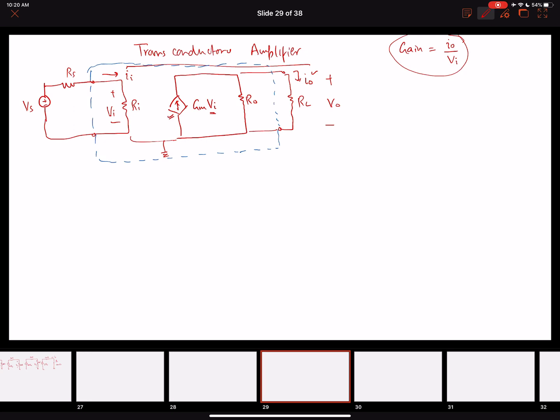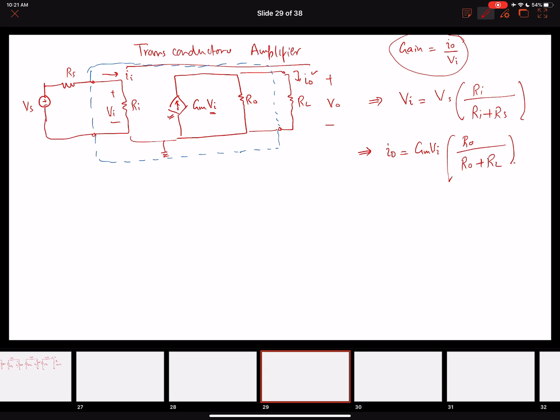So if I apply a voltage divider rule at the input, voltage Vi will be equal to Vs into Ri over Ri plus Rs. Similarly, if I apply a current divider rule at the output, my I naught would be equal to Gm Vi into R naught over R naught plus RL.